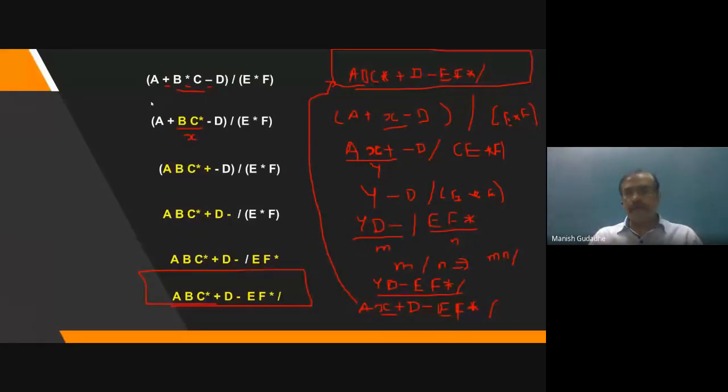That is for sure. If it is an operand, it should be directly reflected. And if it is an operator, that time only we need to take care which operator is to be executed first. Okay.